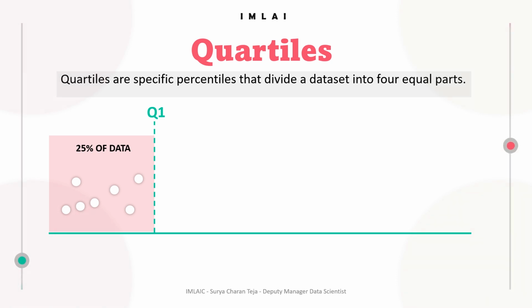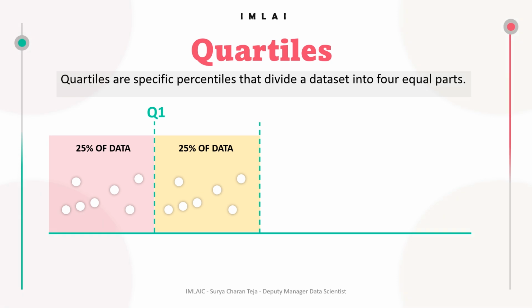And we have the second quartile. Again, it holds 25% of data, but in total the second quartile, or quartile 2, holds 50 percent of the data. 25% of data plus 25% of data, a total of 50 percent of data, falls below this value, which is known as the 50th percentile, which is nothing but quartile 2 or the second quartile.